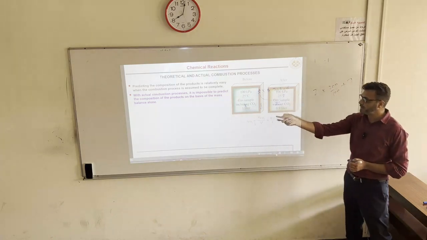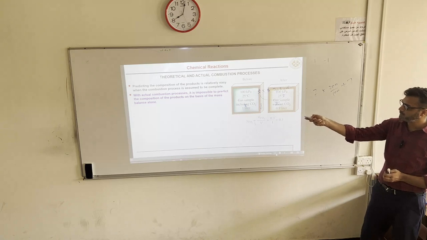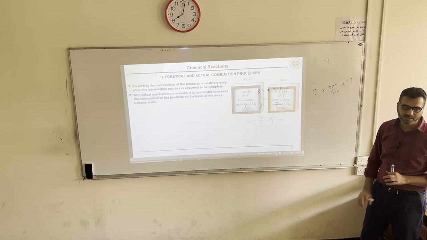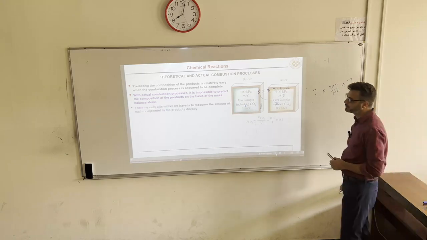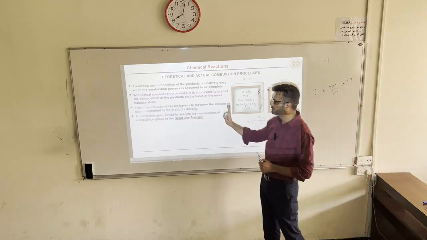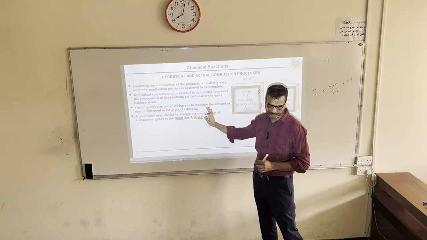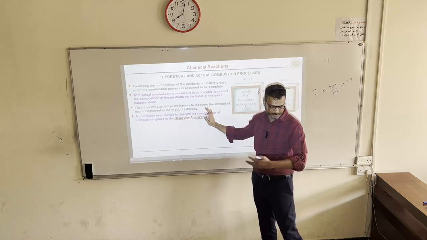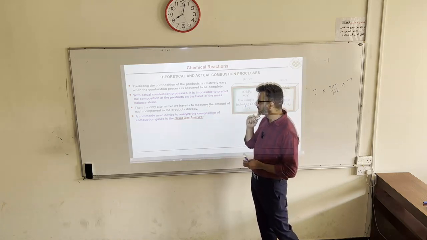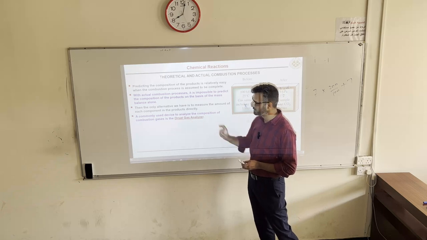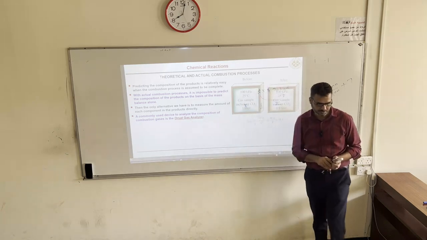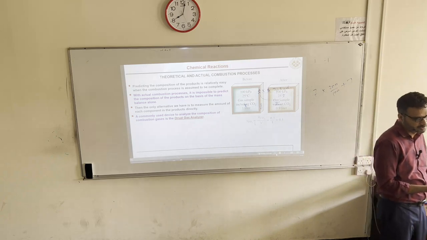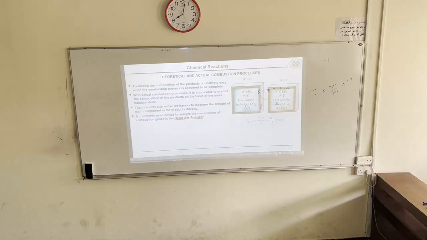So that's why with actual combustion, it is impossible to predict the composition of the products on the basis of mass balance alone. Then there are some experimental methods to find out the actual composition of product gases which we are getting. One of them is called the Orsat gas analyzer.